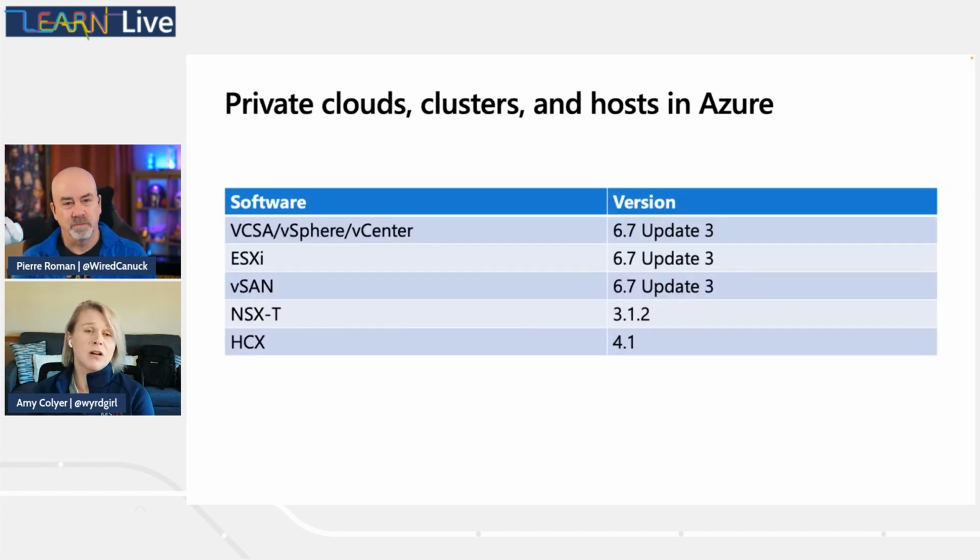As of now, AVS runs the 6.7 update 3 version of vCenter and ESXi. Same for the NSX version, or NSX-T, sorry, that's AVS specific. And then HCX is 4.1. That's locked in. You can't change that because this is the service we're providing. Once they roll out the next version, this will change. What if you have a different version on prem? What happens then?